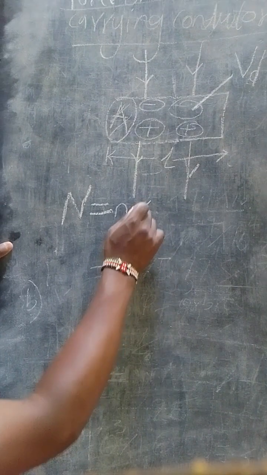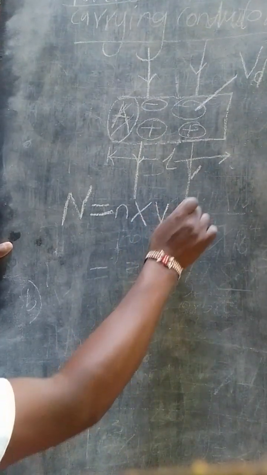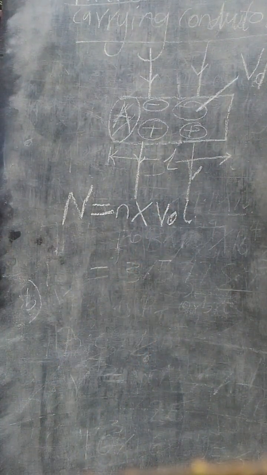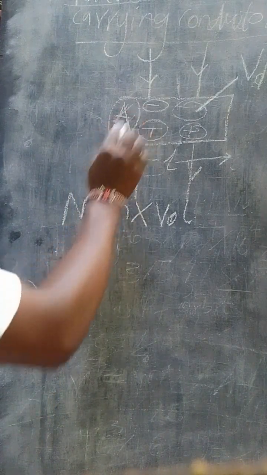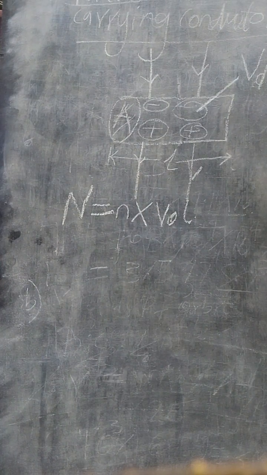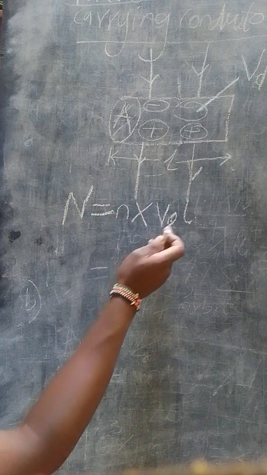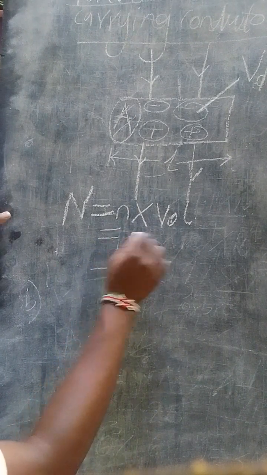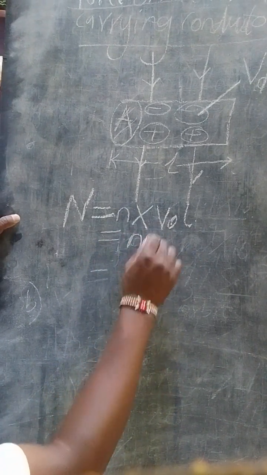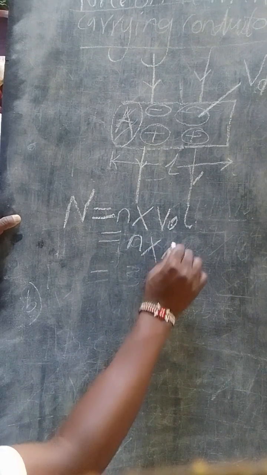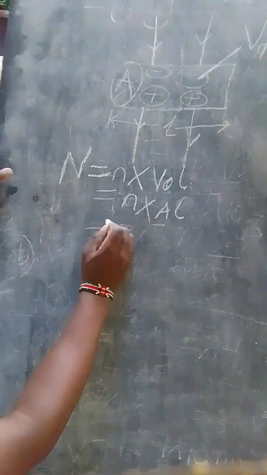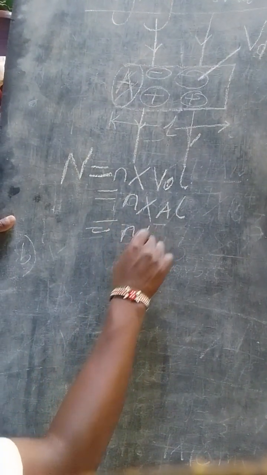So n times the volume. Remember, the volume is the cross-section area A times the length L, and volume is normally equal to area times length, so the total number of charges will be equal to nAL.